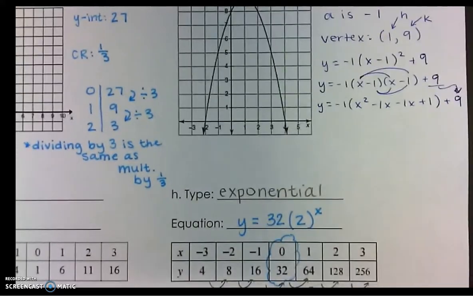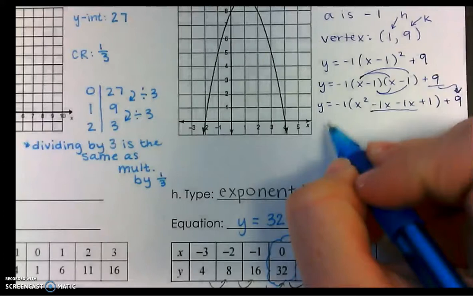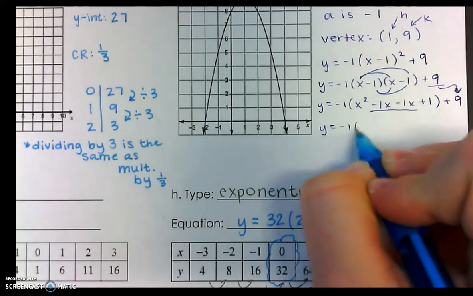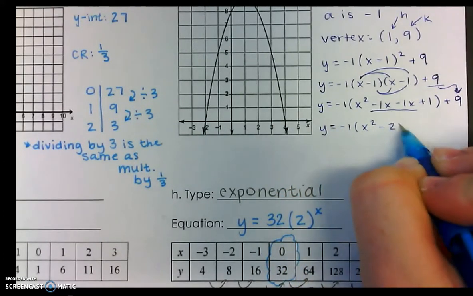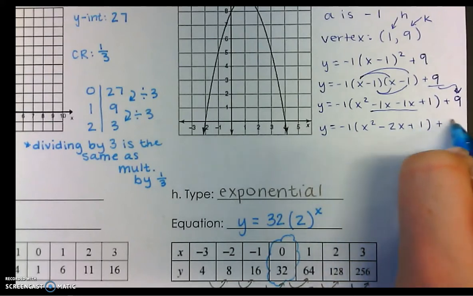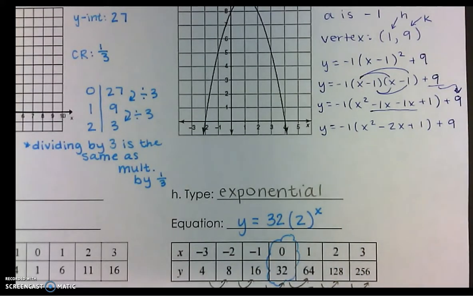Now I'm going to combine my like terms. That'll give me negative 2x, and I still have that plus 9 at the back.